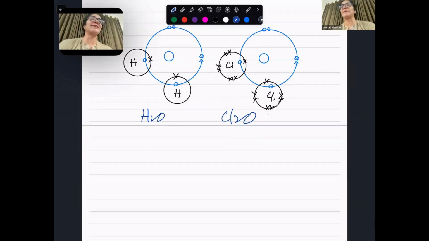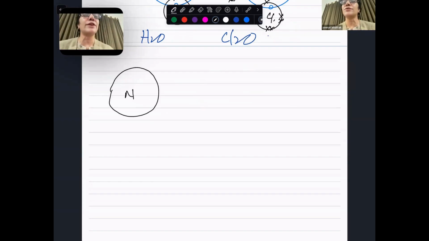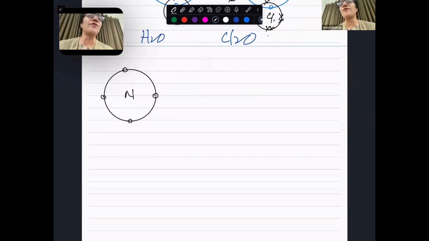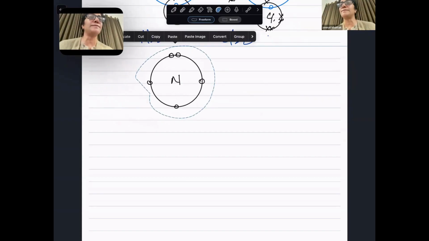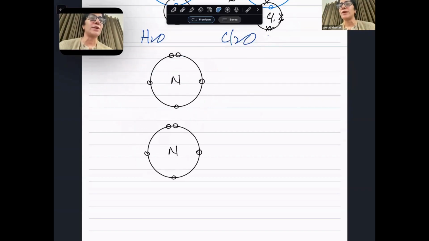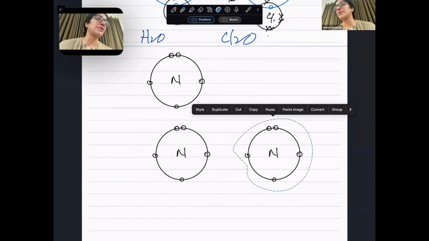Now taking another example. Suppose we have nitrogen. Exactly in the same way. Nitrogen has 1, 2, 3, 4, 5 electrons. This is one nitrogen. I'm going to draw the nitrogen many times. This is another nitrogen.